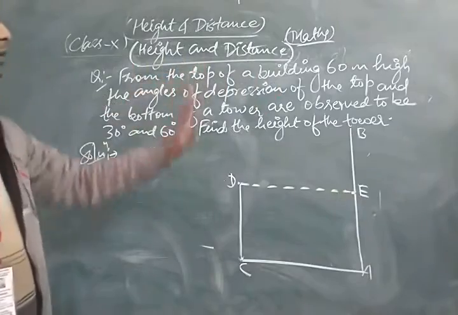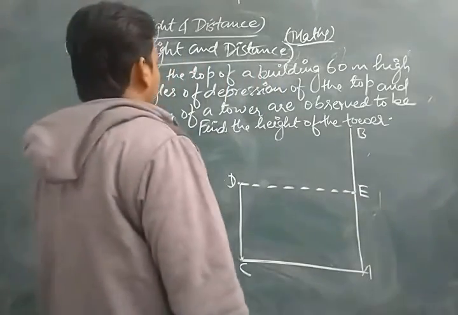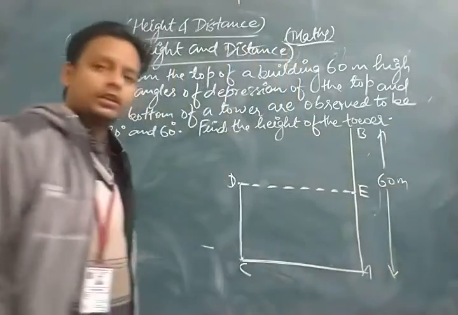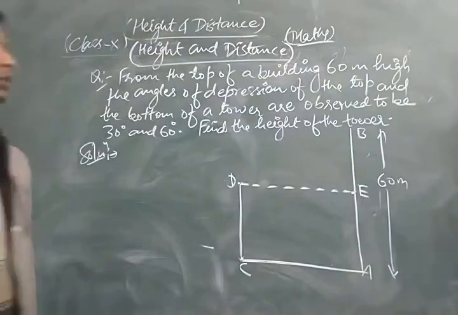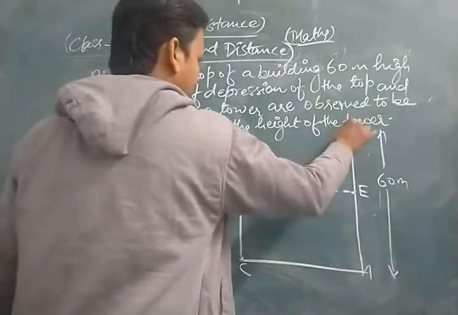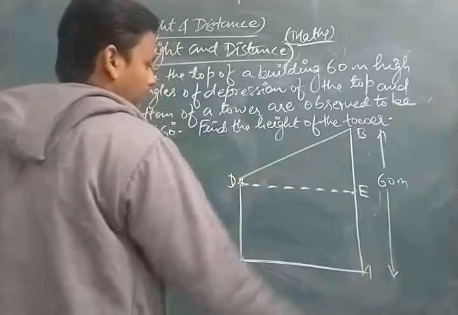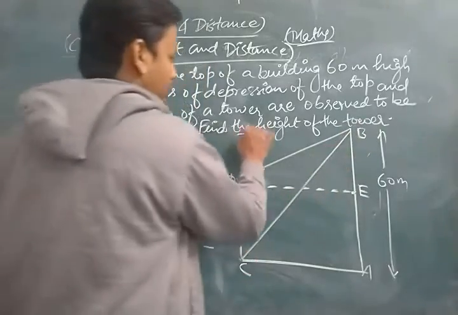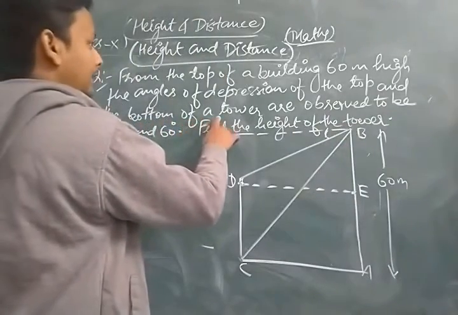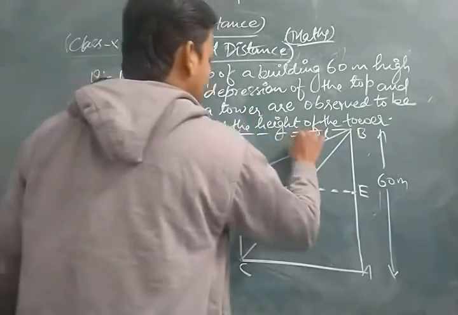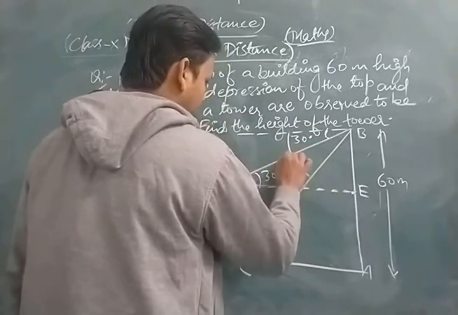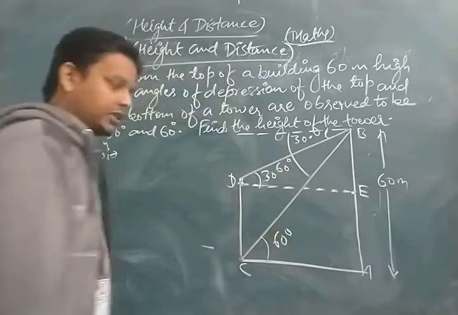The height of the building is 60 meters. The angle of depression of the top is 30 degrees, so this angle is also 30 degrees, and the angle of depression of the bottom is 60 degrees, so this one is also 60 degrees.